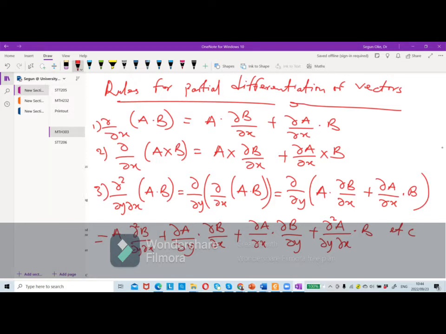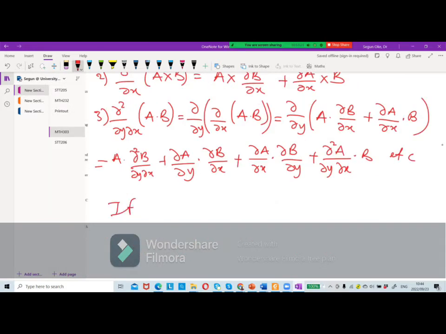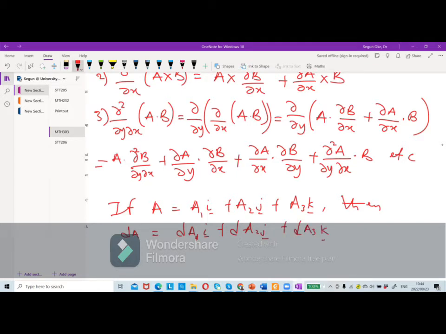So now let's look at this. If A is equal to A1 i plus A2 j plus A3 k, then A will be A1 i plus A2 j plus A3 k.